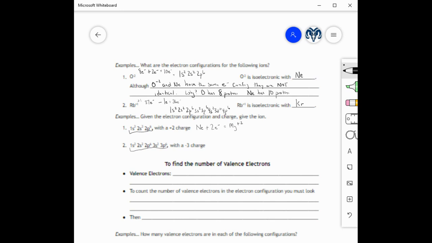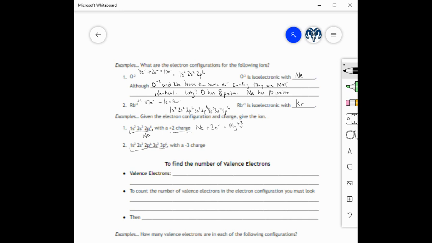So this is my +2 charge right there. This is neon. So I go to neon, but now I've lost 2 electrons because of my charge. So to get those electrons back, I get magnesium.